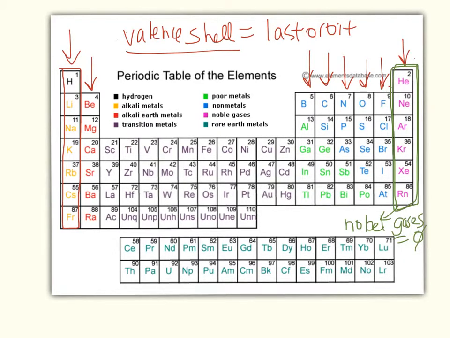The reason why they have a charge of 0 is because they have 8 electrons in their outer shell. And 8 electrons in each element's outer shell is the name of the game. That makes them stable, it makes them non-reactive, and they're very happy in that state.